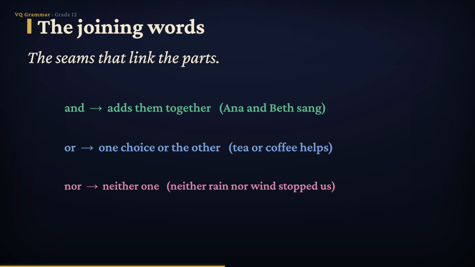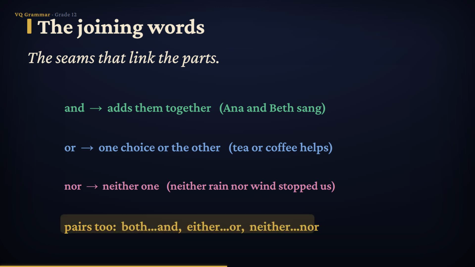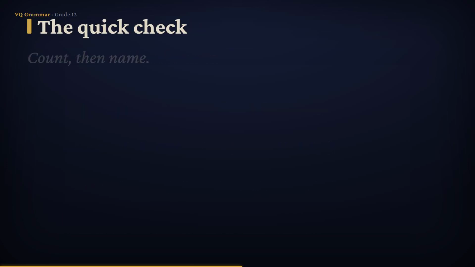And beyond the single words, we have matched pairs that work the same way. Both, and; either, or; neither, nor. Whenever you spot one of these joiners sitting between two subjects or two verbs, you're almost certainly looking at a compound.